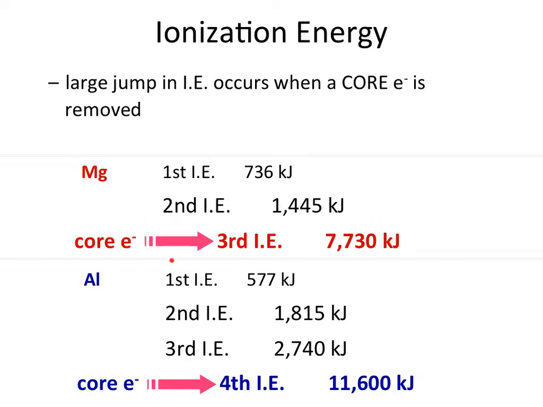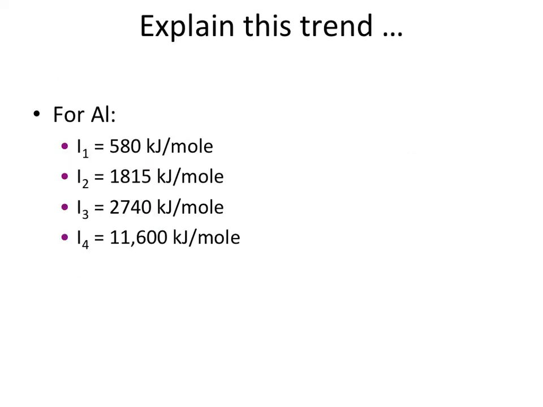However, the biggest difference is going to be due to the disturbance of those octet setups, those noble gas electron configurations. If we look at the aluminum example, aluminum is going to want to give up 3 of its electrons in order to be like its nearest noble gas. So it wants to form this 3+ ion. These first 3 ionization energies are the removal of those first 3 electrons.